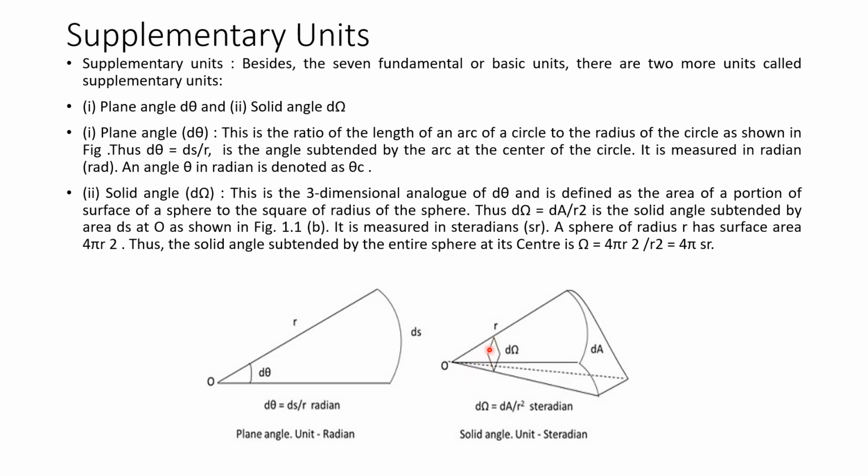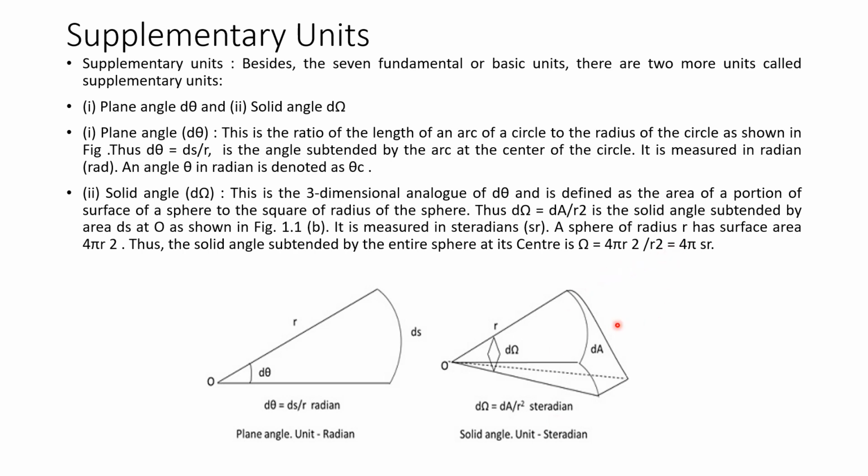This d omega is the solid angle which this area dA of a sphere is subtending at the center O of the sphere. It is given by d omega equal to dA upon r square steradians. The unit of solid angle is steradians.